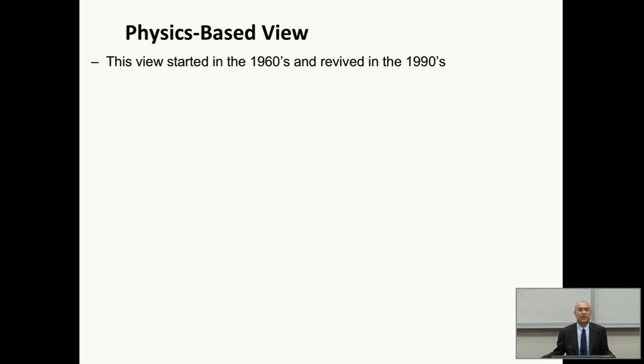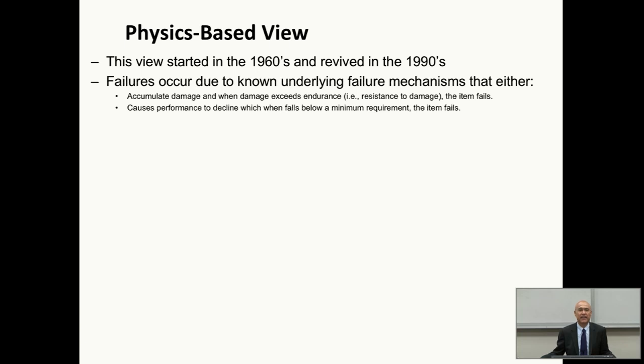This view came in the 1960s originally with support from the U.S. Department of Defense, and then it stopped for a while until the 1990s, when it was revived again.